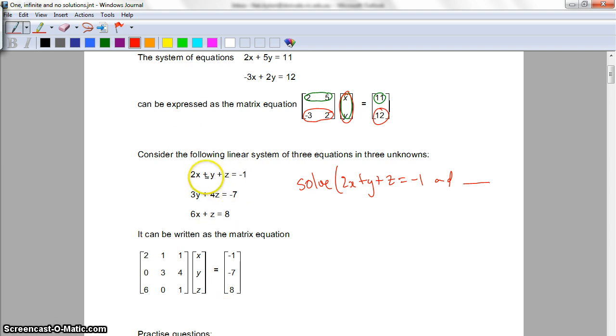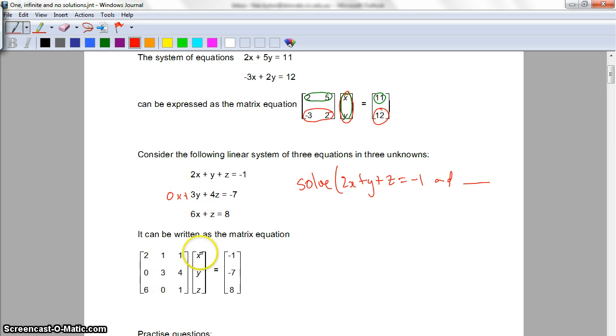Here it's as simple as what I was doing before, just with one more complication because we've got an extra variable. This first equation can be written in this matrix because 2 times x plus 1 times y plus 1 times z equals negative 1. The next line doesn't have an x, so it's got a 0x in there.